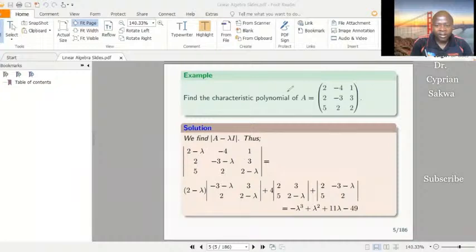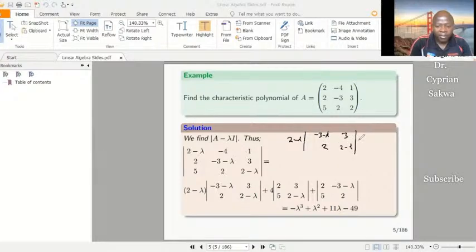We now have to get the determinant of a 3 by 3 matrix. But if you don't mind, I can remind you that I take this element, 2 minus lambda, and multiply it by the determinant of the matrix that remains when I delete row 1 and column 1. When I delete the row and column of this element, I'm left with negative 3 minus lambda, 3, 2, 2 minus lambda.